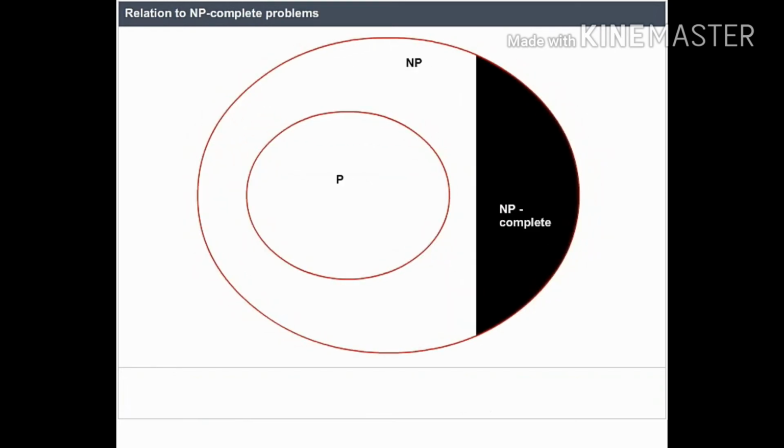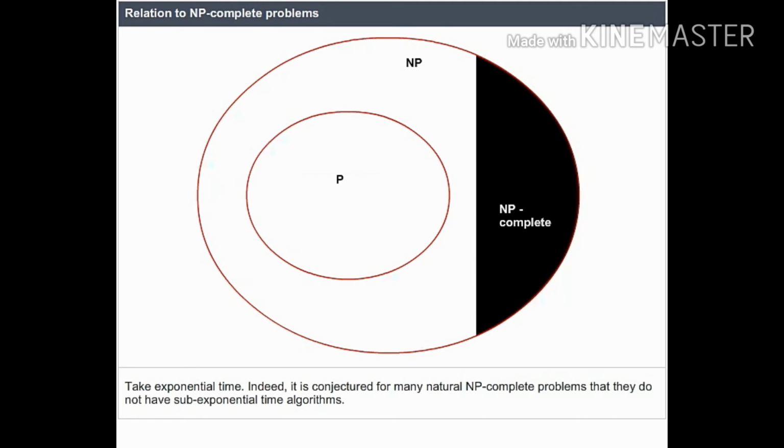Relation to NP-complete problems. In complexity theory, the unsolved P versus NP problem asks if all problems in NP have polynomial time algorithms. All the best known algorithms for NP-complete problems like 3SAT, etc. take exponential time. Indeed, it is conjectured for many natural NP-complete problems that they do not have sub-exponential time algorithms.